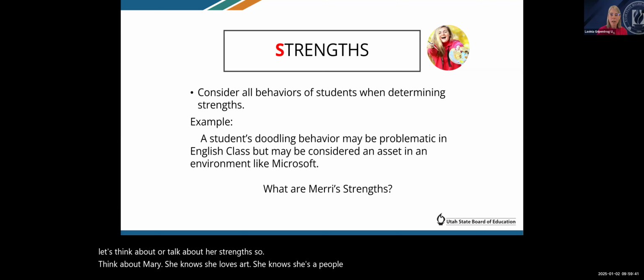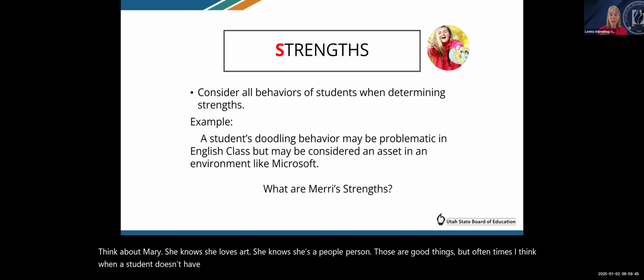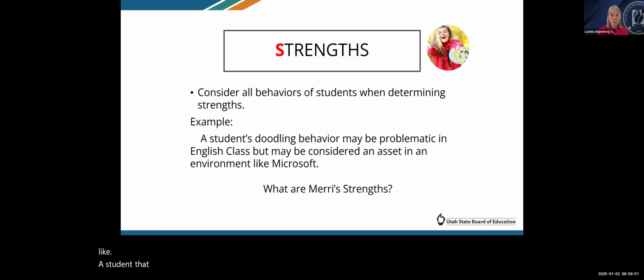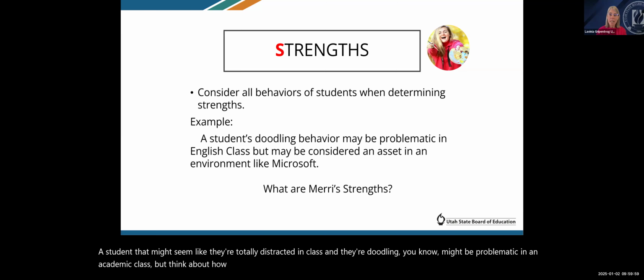Those are good things, but oftentimes I think when a student doesn't have academic strengths, then we have a hard time identifying their strengths. So here's an example, like a student that might seem like they're totally distracted in class and they're doodling, might be problematic in an academic class, but think about how that actually could be a strength for the student.